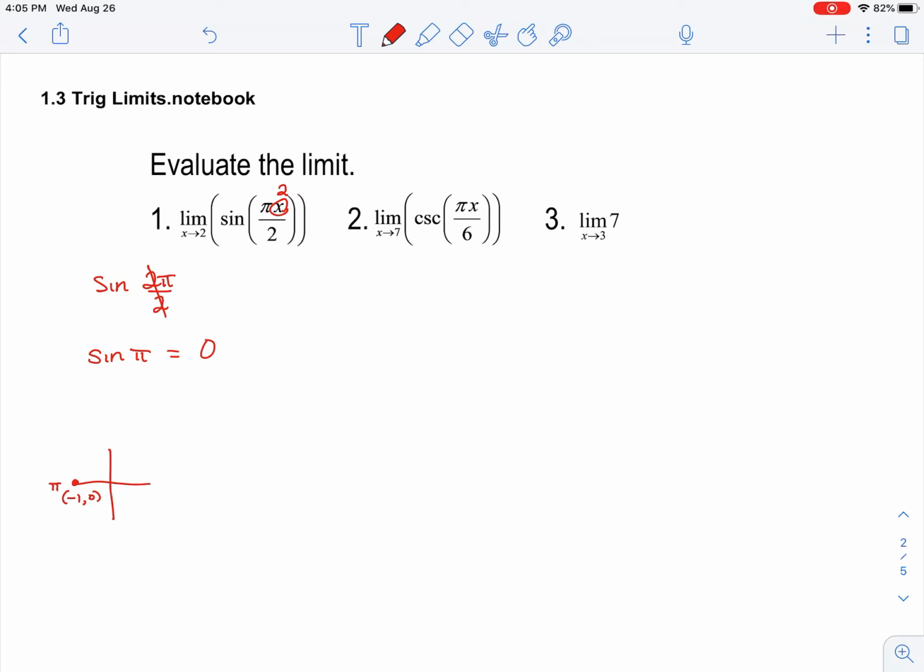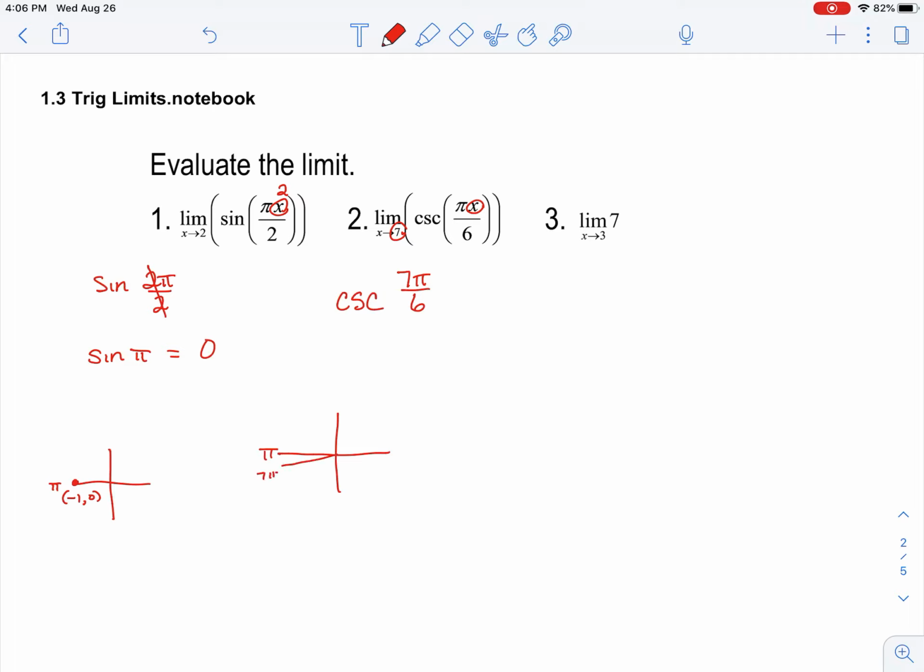All right, number 2, we're going to plug in 7 for x. So we have the cosecant of 7 pi over 6. So you need to do a quick sketch of that. So this is pi right here. That's 6 pi over 6, so we need to go a little bit more.